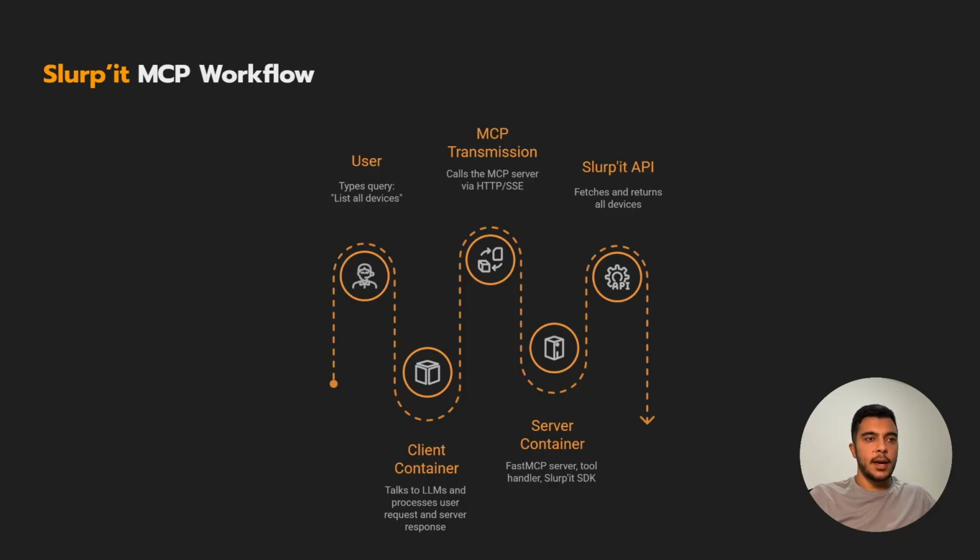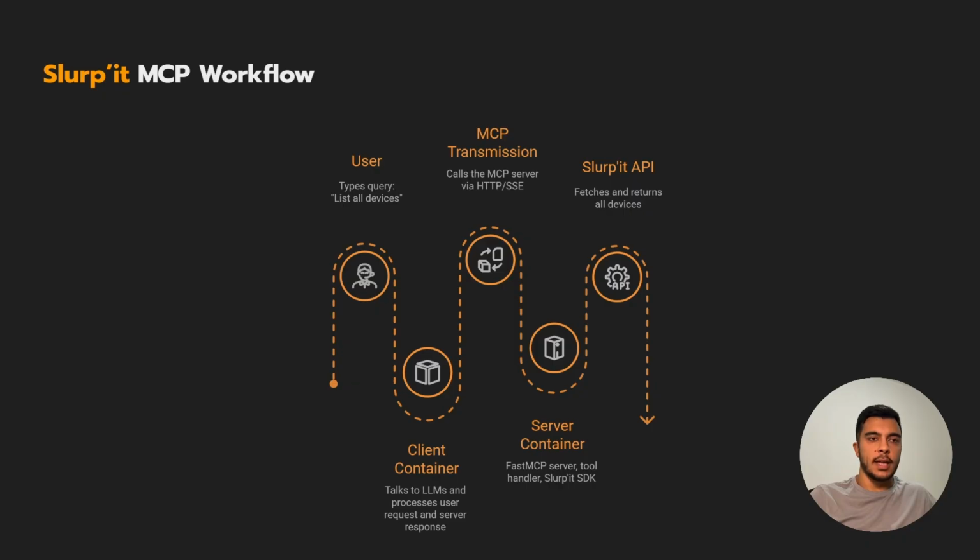And the client container will talk to the server container using just MCP transmission or MCP HTTP call. And the implementation of HTTP in this case is SSE or server sent event. It is more of a long-lived streaming use of just the traditional or regular HTTP. Once the server container, again another Docker container, is invoked, then it is responsible for handling the tools.